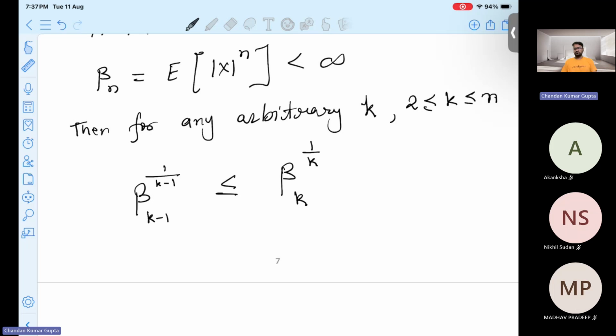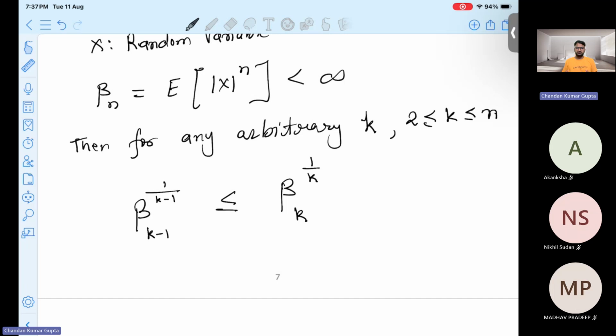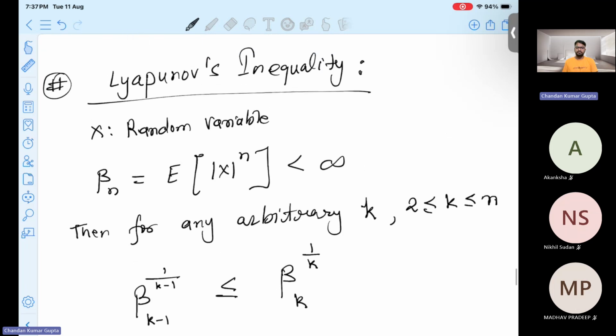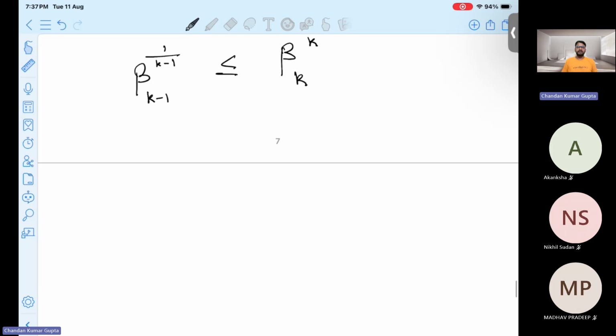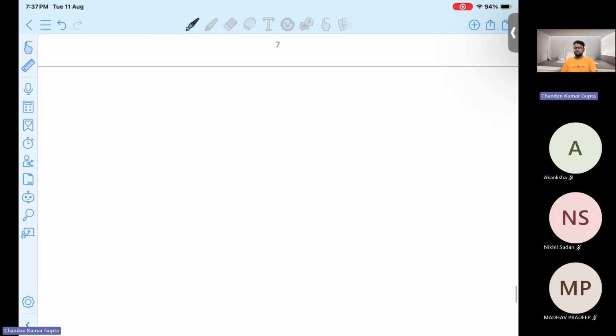So this is also a kind of inequality, the Lyapunov inequality. These are the inequalities up to this point. Any doubt or question up to this point, please ask here. If not, then we will go for the generating functions.